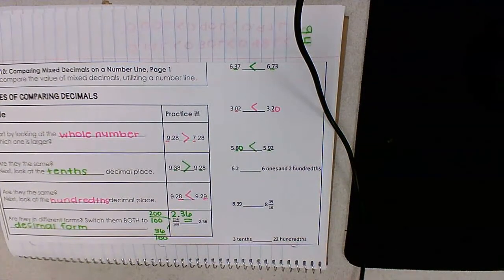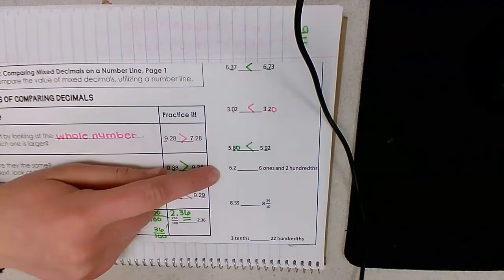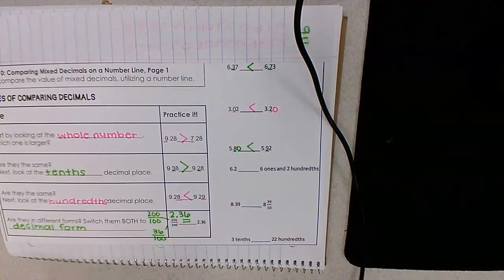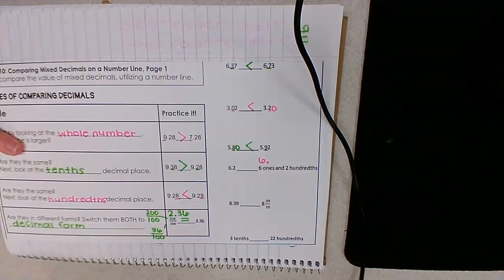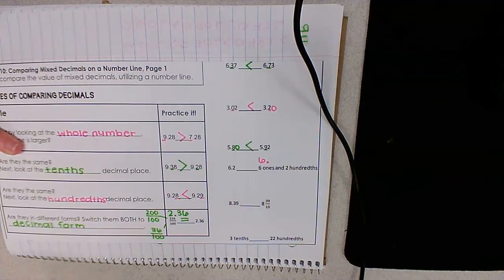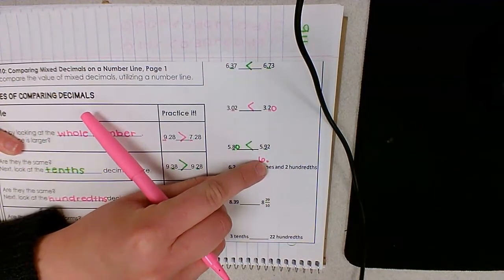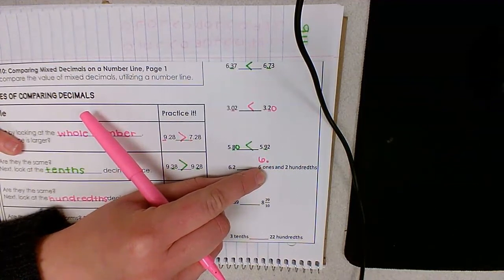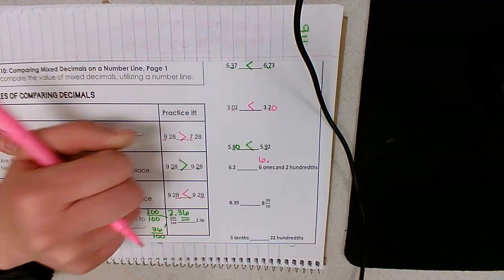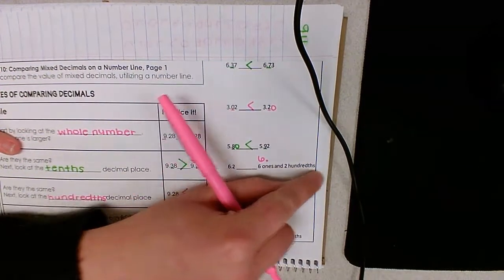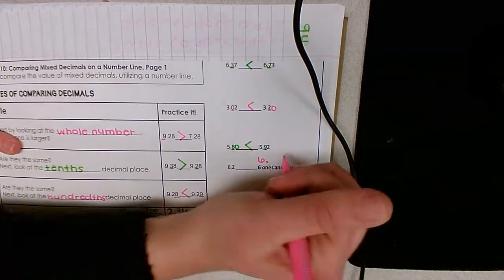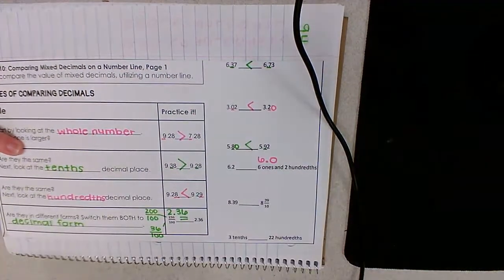Now we're getting to some tricky things here. We've got a decimal and we've got a unit form. So let's change this unit form over to a decimal. 6 ones and 2 hundredths. Well, I know my next place value is the 10ths place, but they didn't say anything about tenths. If I don't have any tenths listed in my unit form, or if I have less than 10 hundredths, then I'm going to put a 0 in the tenths place.